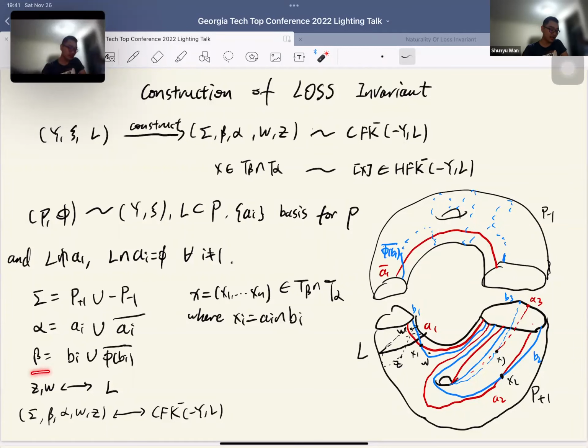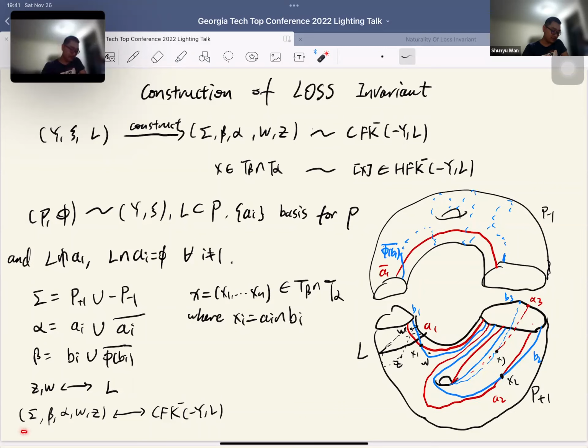And we set beta_i equal to b_i union φ(b_i) bar, where b_i are just the transverse push-offs of a_i, such that b_i intersects a_i transversely at one point. Last, we put our z and w, such that z is in the outside regions and w is between a_1 and b_1, and we choose the correct w such that it describes the oriented L.